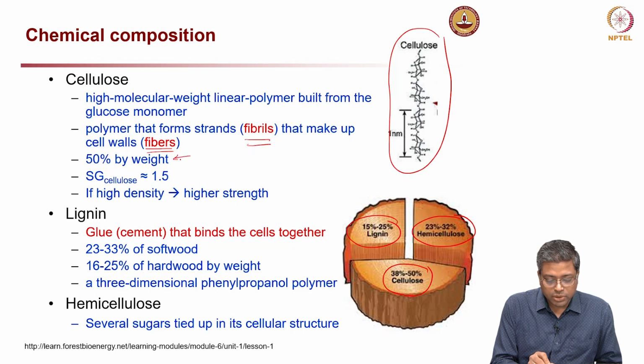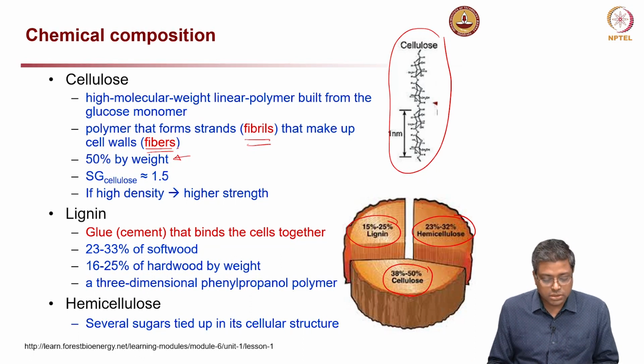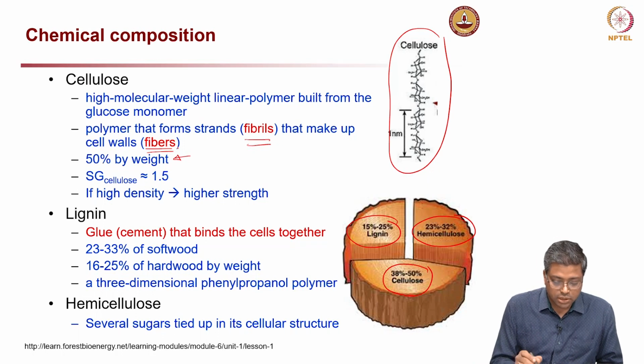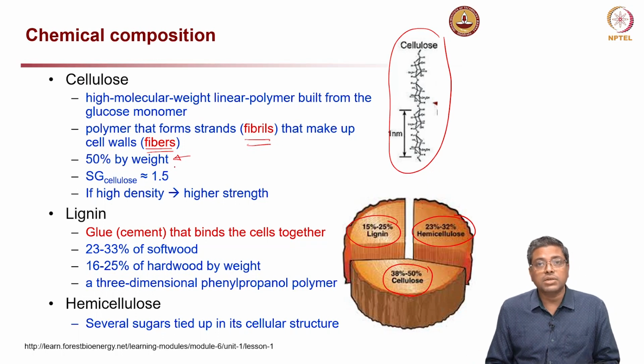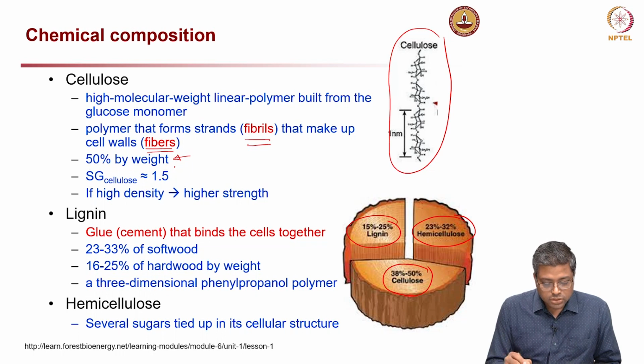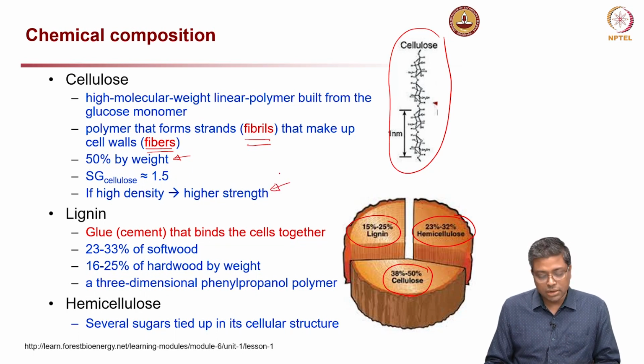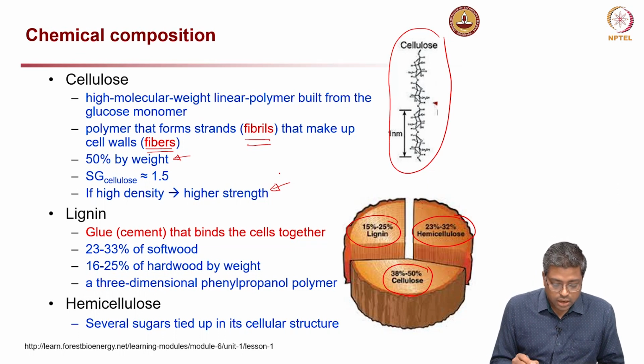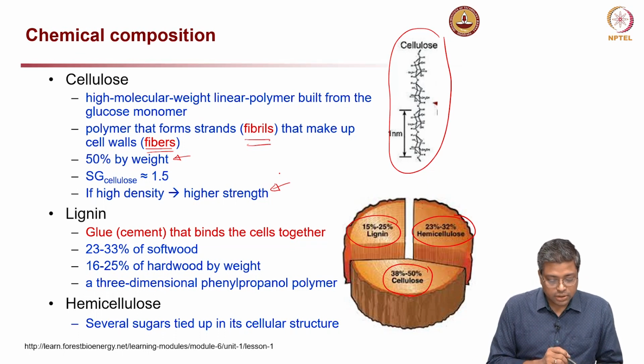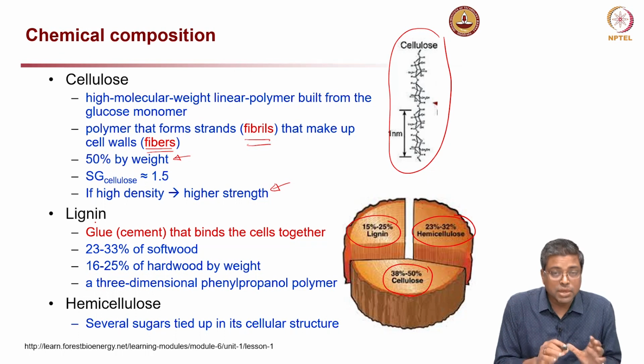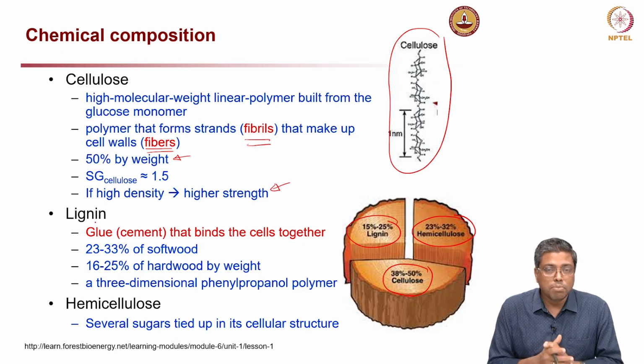Now 50% by weight of wood is because of the presence of cellulose, and its specific gravity is about 1.5. So, it is high density, and that leads to higher strength also. Now, lignin is basically the glue that binds the different cells together, the cementitious property.